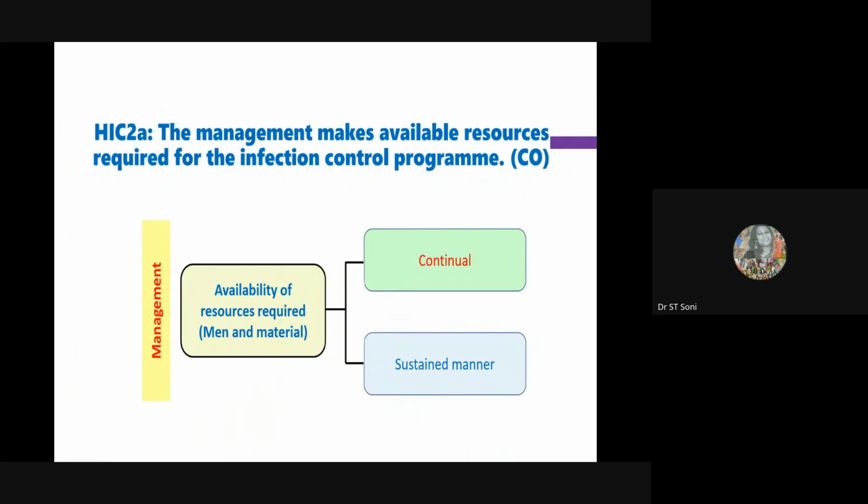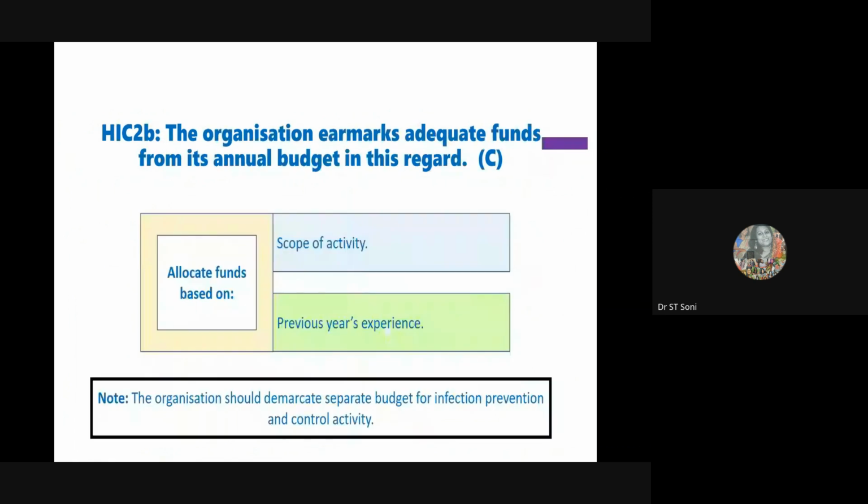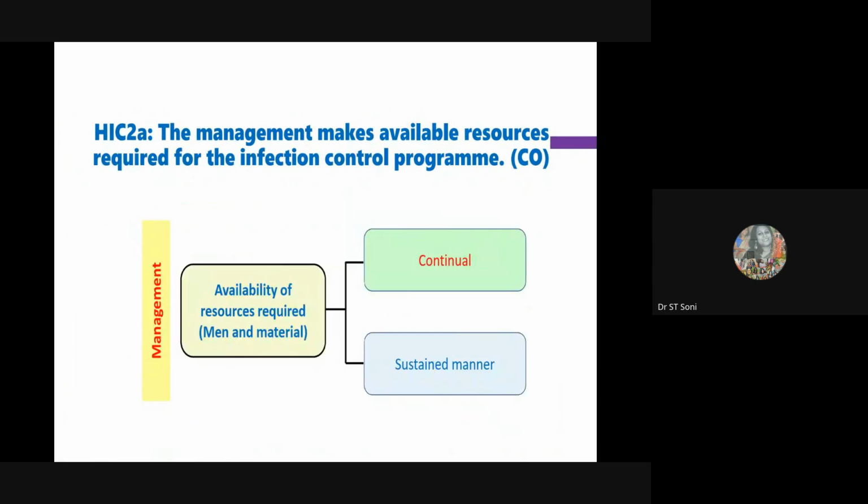So, availability of men, material, and resources is needed in a sustainable manner from the management. If I talk about hand hygiene, if you don't have the water supply, there is no point. If you don't have liquid hand wash available, even though we train the entire staff, they will not be able to practice it.